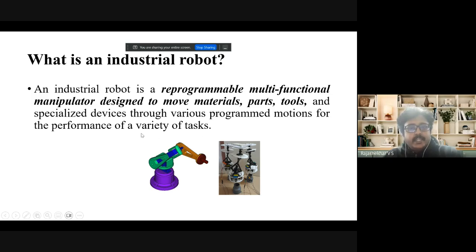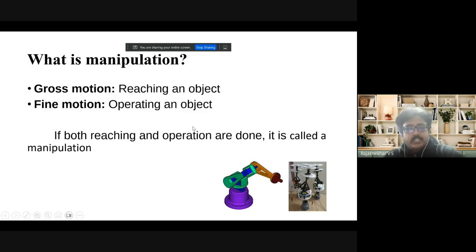So the key highlight is variety of tasks, doing a variety of tasks using a single robotic arm. It should be capable of doing painting, welding, pick and place, inspection, and things like that. That is the function of a robotic arm.